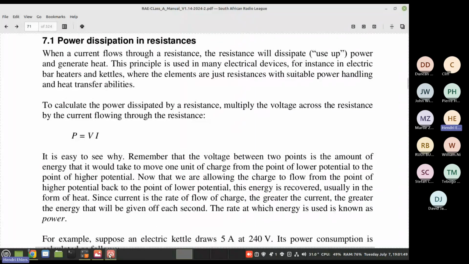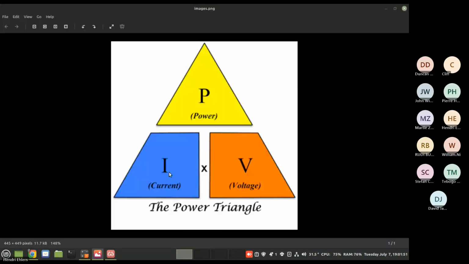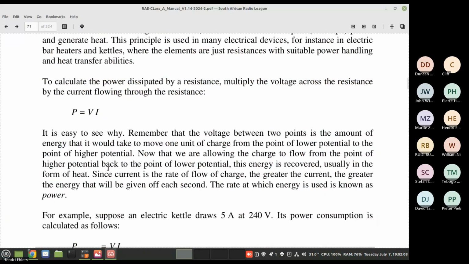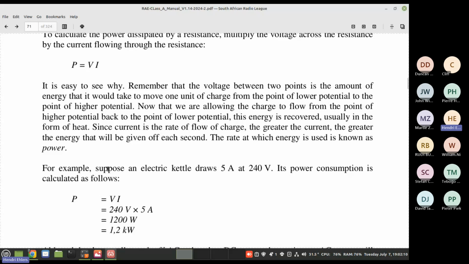So instead of VIR, you'll say PIV, and then it's very easy to manipulate the formula to do the necessary calculations. They say it's easy to remember. I agree.